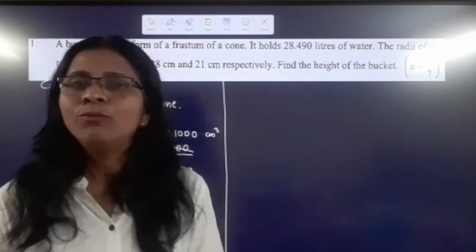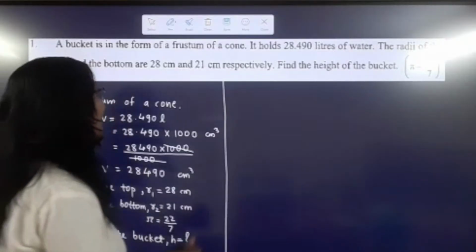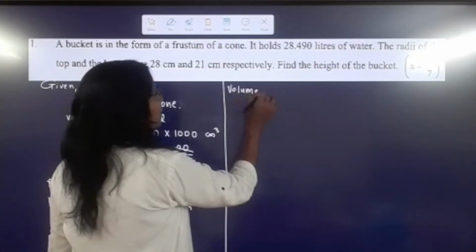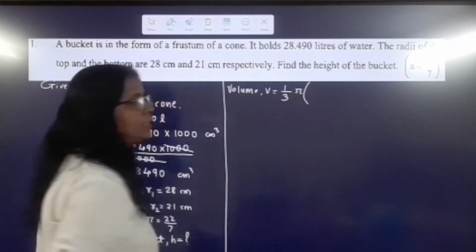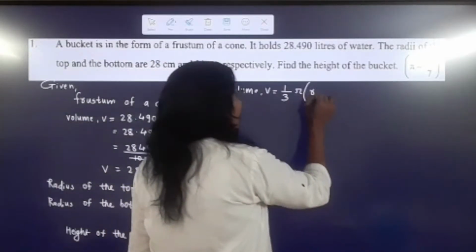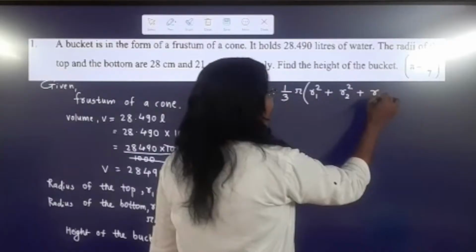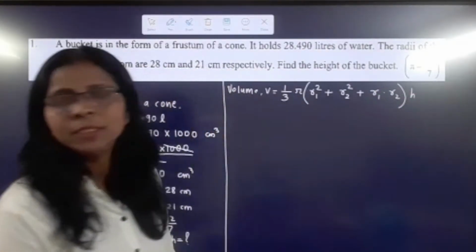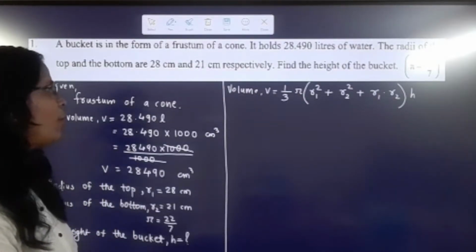So first we write down the formula: the volume V is equal to 1/3 pi in the bracket R1 square plus R2 square plus R1 R2, and multiply H. This is the formula of the volume of a frustum.